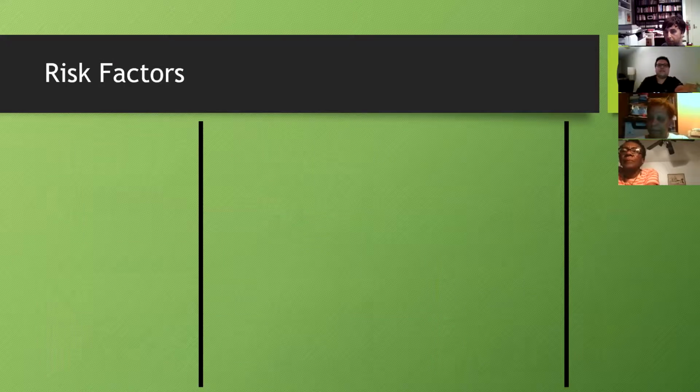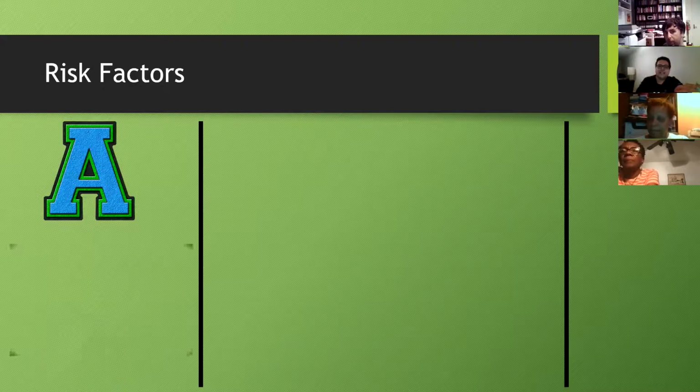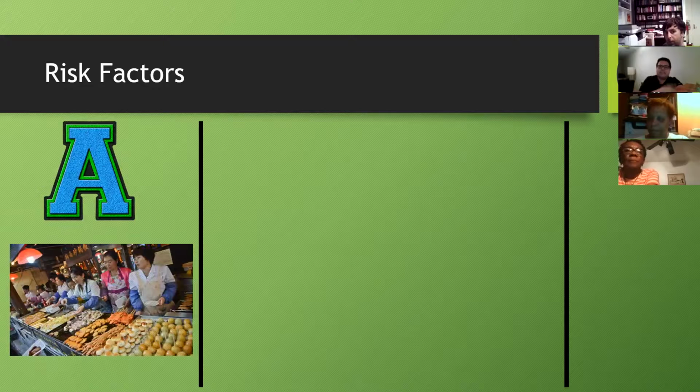What are the risk factors? Of course, in this case, they will be very different depending on what kind of hepatitis we have. In case of Hep A, we have to learn that the number one risk factor is eating in places where the food handling is not the best, because it belongs to a type of infectious disease that we call fecal-oral.